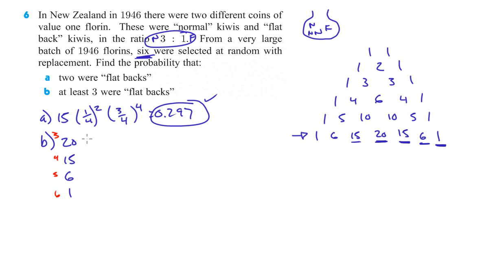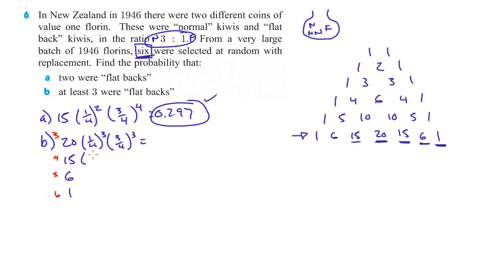So this is 3 successes. A success would be 1/4 to the third. There's 6 total, so these exponents always have to add up to the total number of trials you're running. So 3/4 to the third. Then we've got 15.